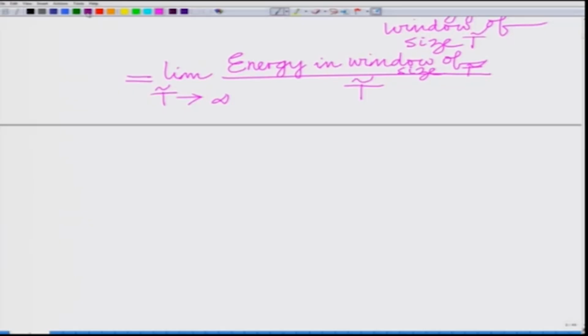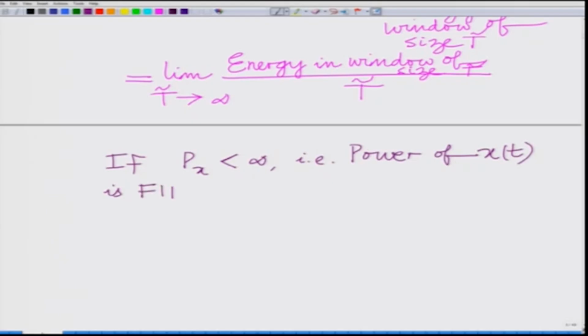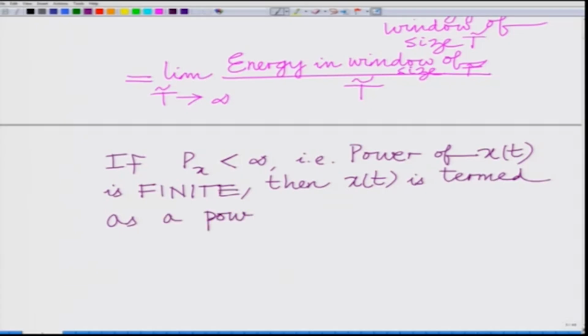Now, similar to the energy signal, if Px is less than infinity, that is, the power of x(t) is finite, then x(t) is termed as a power signal.